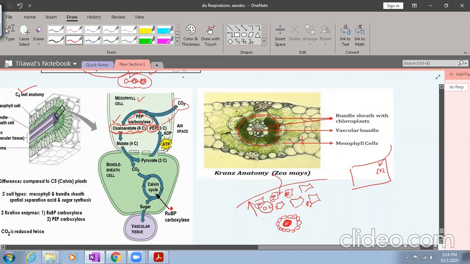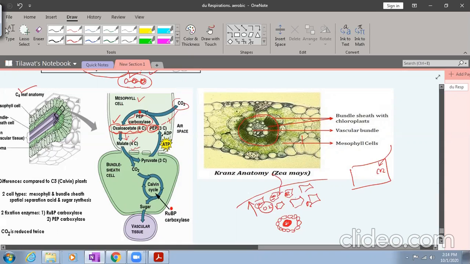In the Calvin cycle, after fixation of carbon dioxide, the first product formed was a 3-carbon molecule, phosphoglycerate. But here the first product is oxaloacetate. That's why they are called C4. This oxaloacetate will convert in this mesophyll cell into malate.